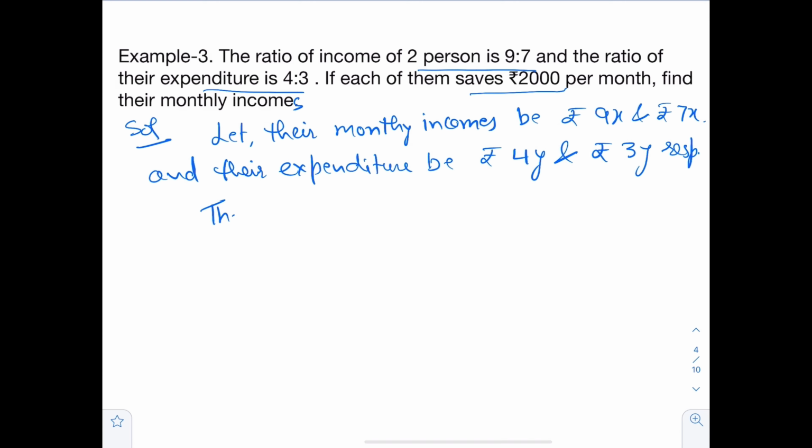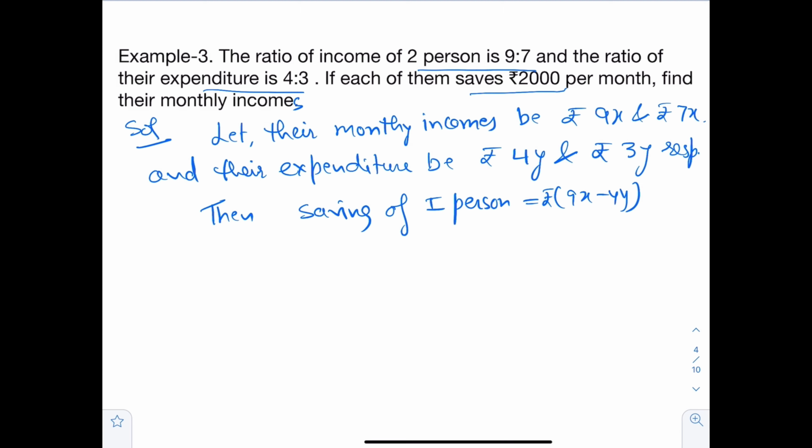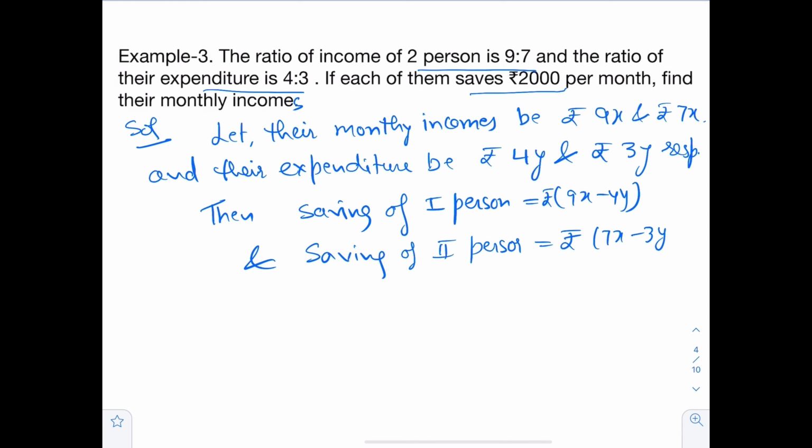Then saving of first person equal to rupees 9x minus 4y, and saving of second person equal to rupees 7x minus 3y.